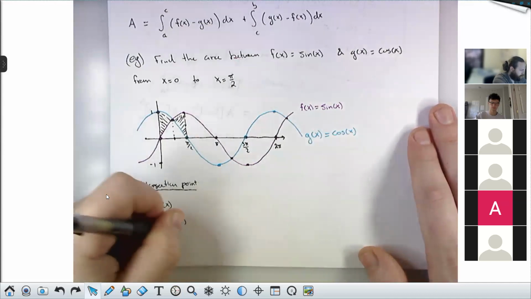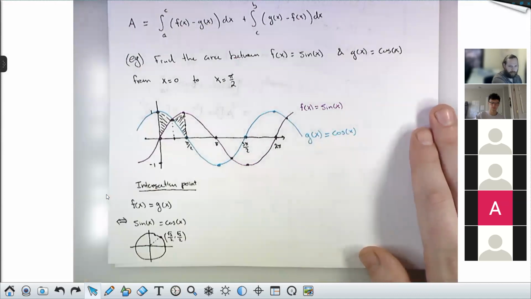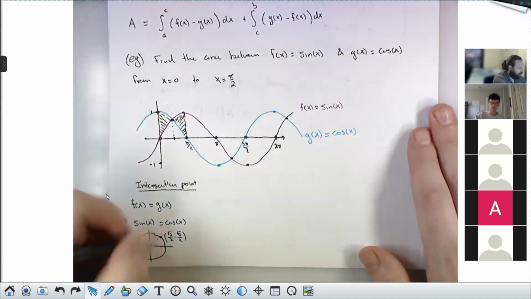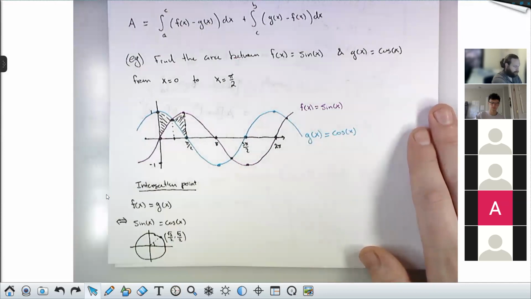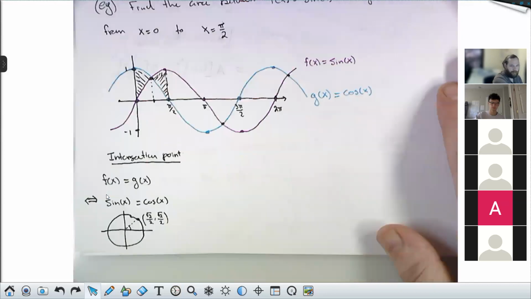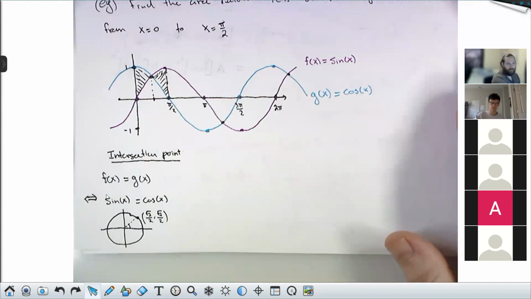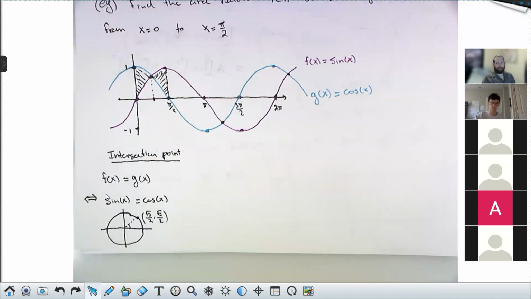Root 2 over 2, comma, root 2 over 2 is the point on the unit circle. What is this angle here? The angle where cosine is root 2 over 2 and sine is root 2 over 2, the first positive angle. What is that?